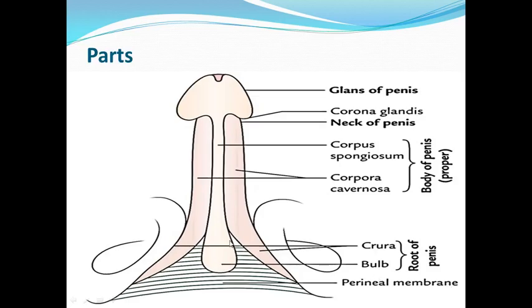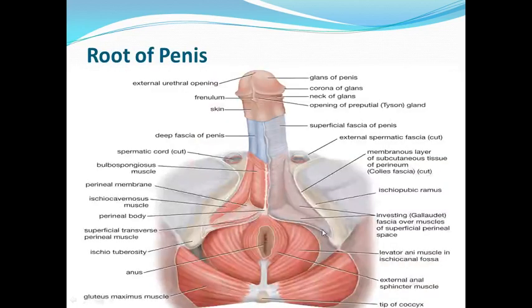The root of the penis is situated in the superficial perineal pouch, and it has two cruras and one bulb. You can see in this figure the two cruras of the root of the penis, and this is the bulb.